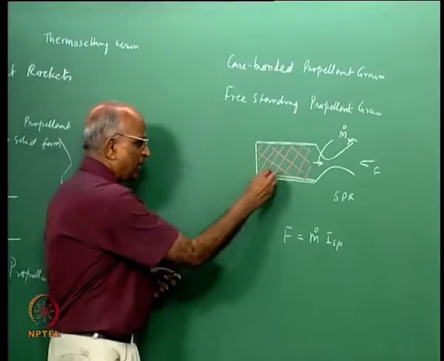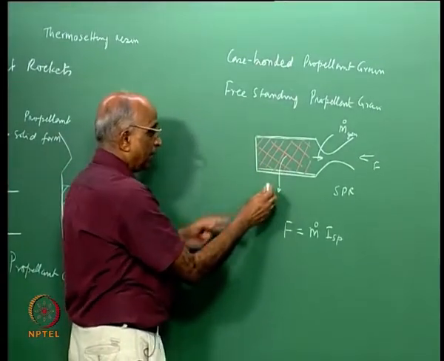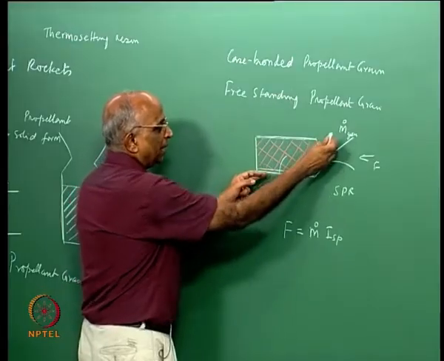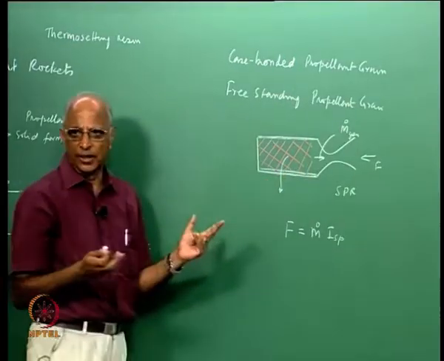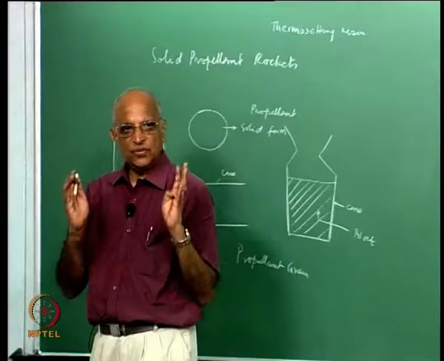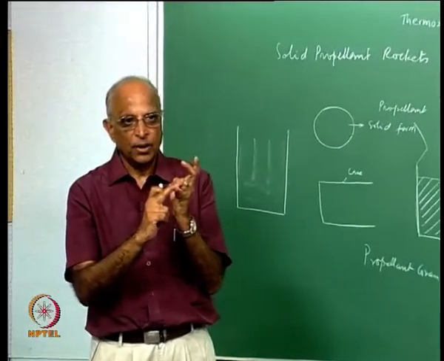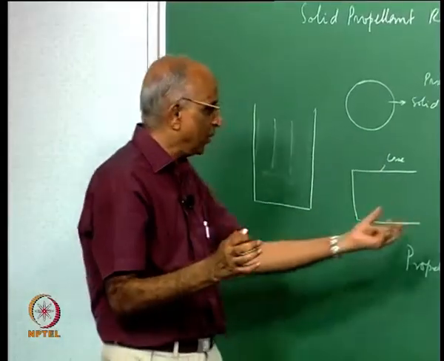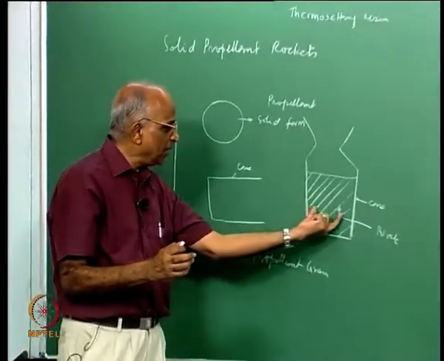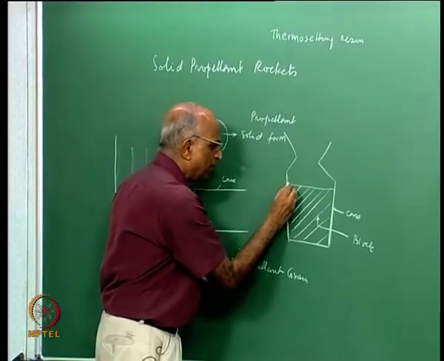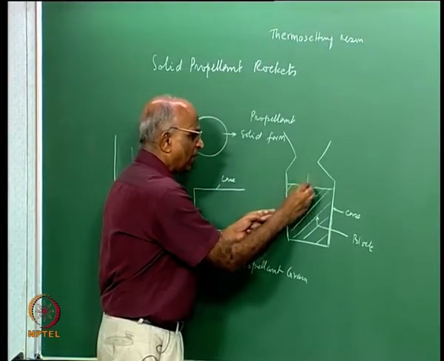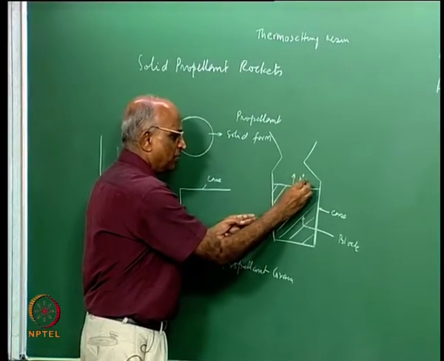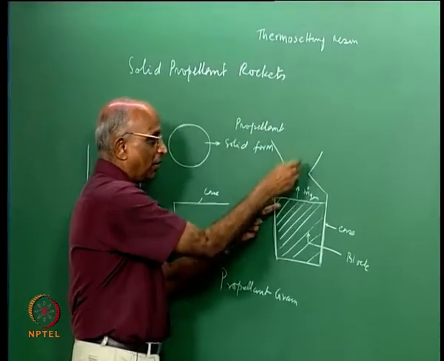Therefore, we are interested in finding the burn rate, the rate at which mass gets generated from a grain. We must differentiate between a propellant block, that is the hard propellant obtained after curing, and a propellant grain, which is a particular grain that gives me a given area through which I generate m dot, the generated hot gases.